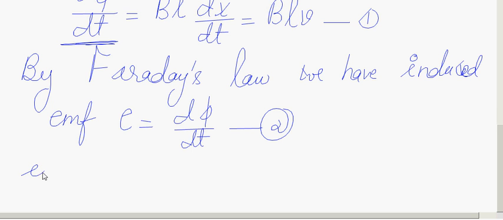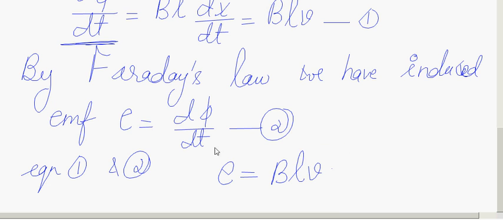So from equation 1 and 2, the induced EMF E becomes equal to BLV. This is the induced EMF. The induced EMF is given by BLV in terms of the magnetic field B, the length of the rod and the velocity V. E is equal to BLV volts.